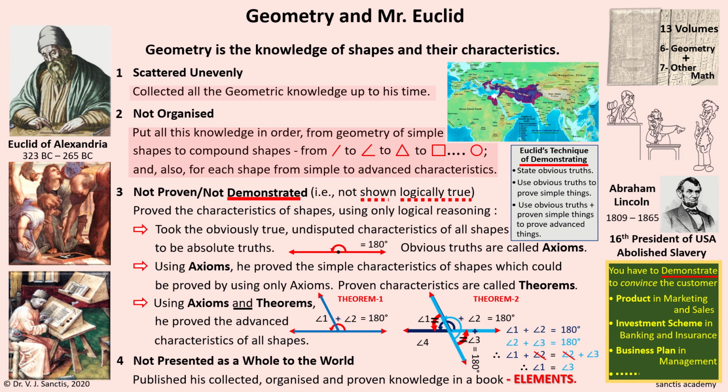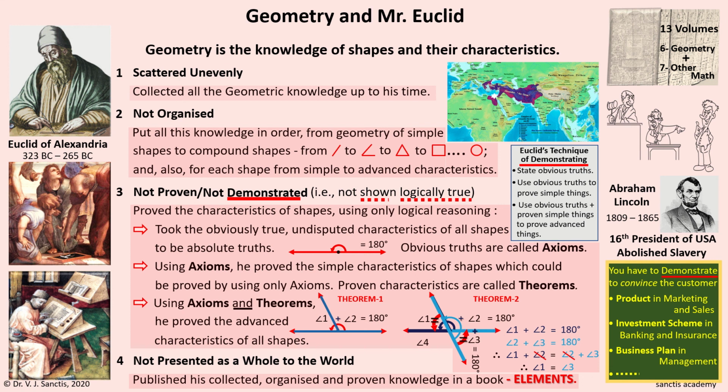Thirdly, he had proved the characteristics of all shapes with irrefutable logic. Finally, he had published the proven geometry as a whole to the world, making geometry available to all, which in turn made the understanding of geometry the same everywhere.